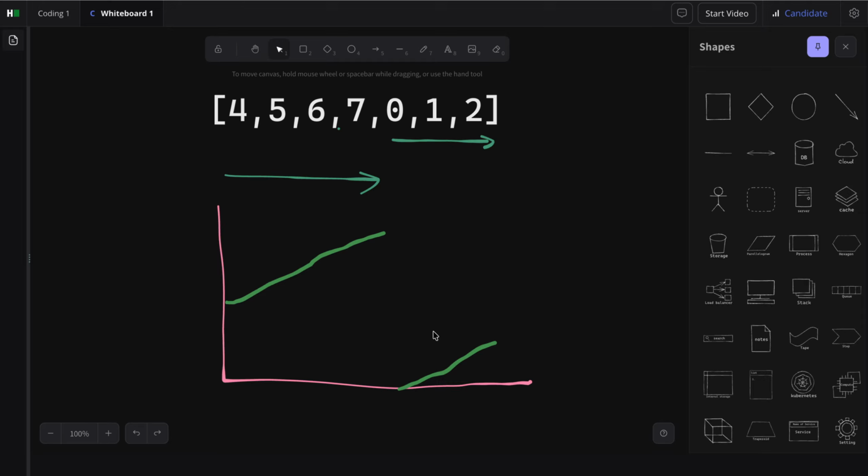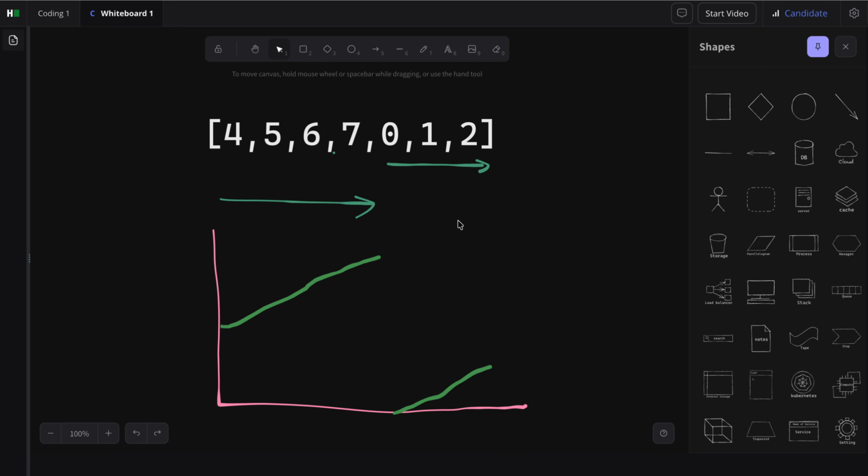So we have this idea. We know we have this array over here. It's log of n. I guess that implies that on each iteration we've got to split the array into half.